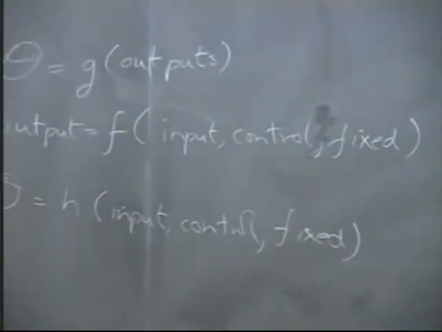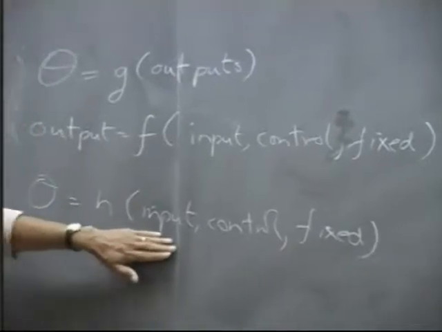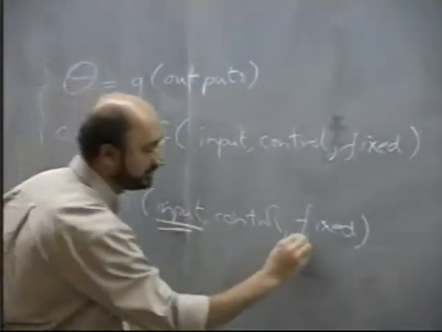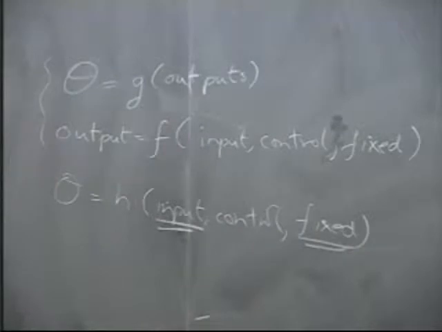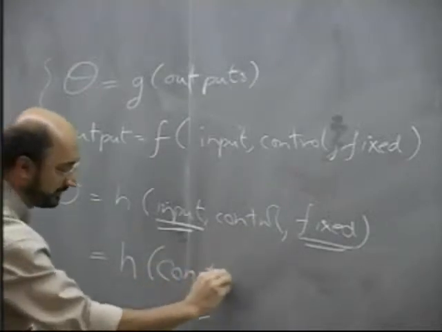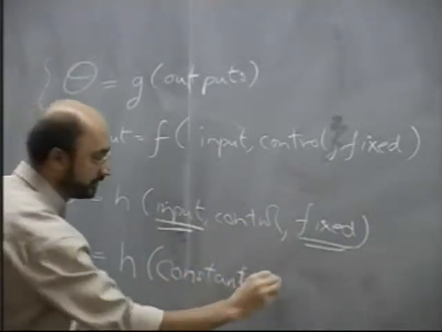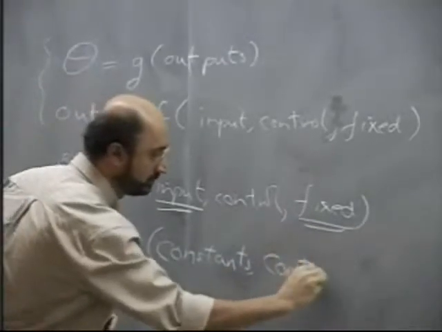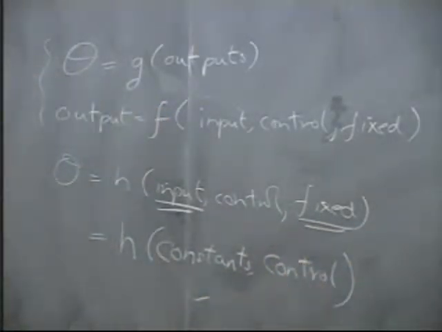Okay? Alright. Now these guys are constants. This is constant and this is constant from the perspective of a particular problem instance that we're trying to optimize. So we could just lump them all into some constants, and we can just write this as basically H of some constants and control. Okay? I'm not doing anything particularly clever over here.